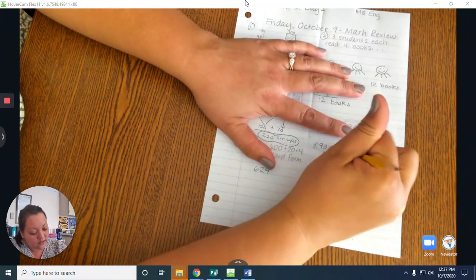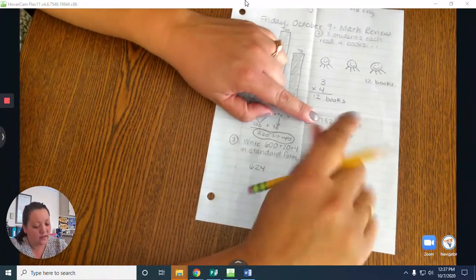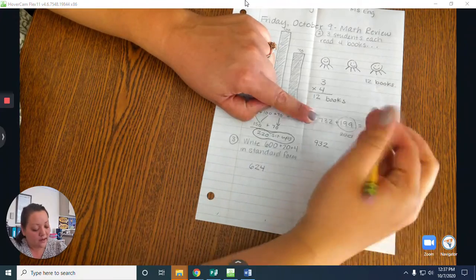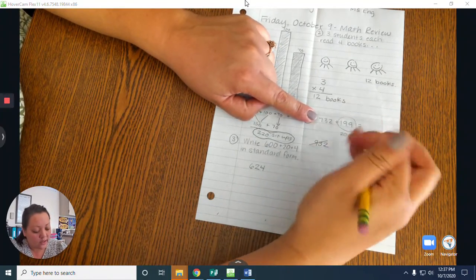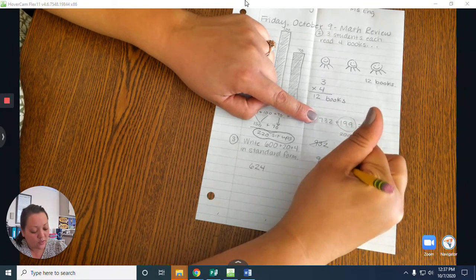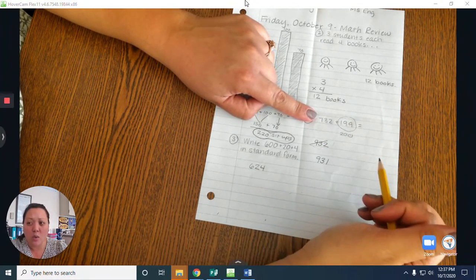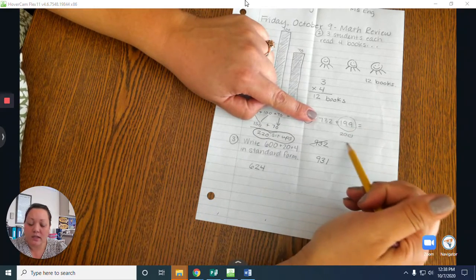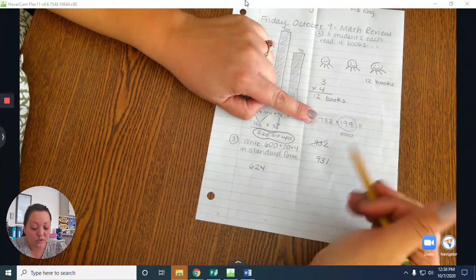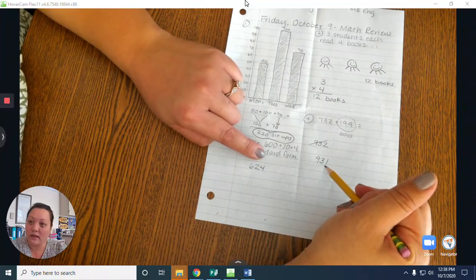No, it's not, because I added these two together, but I really was wanting to add 1 less, so it should be 931. So just kind of knowing where 199 is in relationship to 200 allowed me to quickly get to the answer.